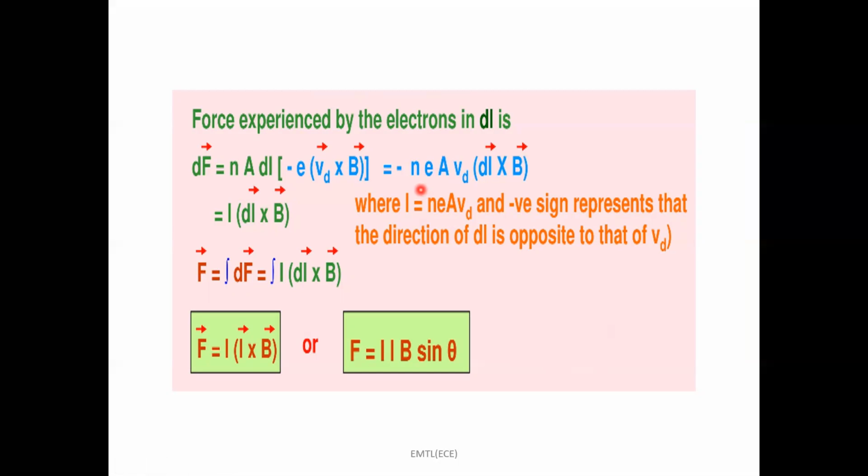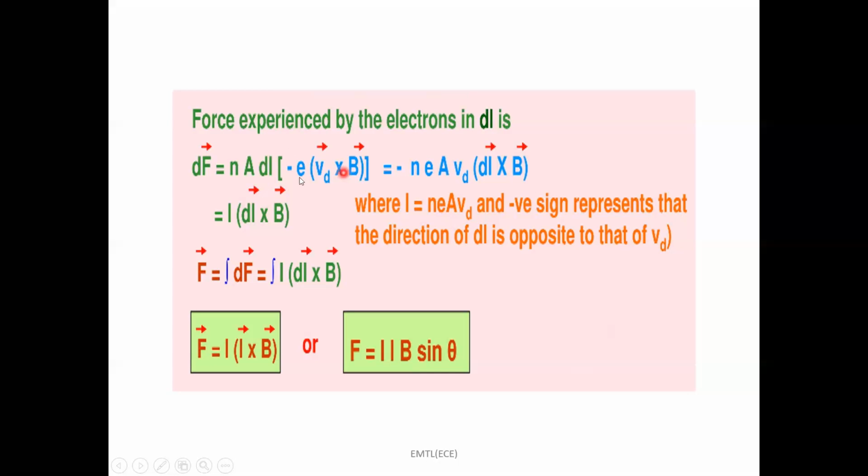Here n is the number density of the electron, e is the charge of the electron, and Vd is called drift velocity. So dF is equal to minus n e A Vd into dl cross B bar.